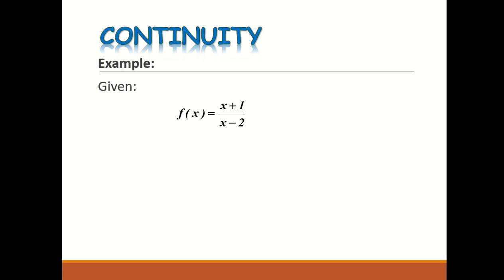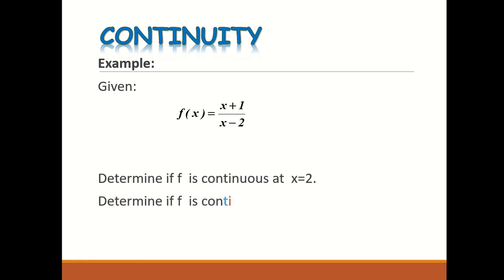If those conditions are satisfied, then your answer is continuous: f is continuous at x equal to 2, and the other one is also continuous at x equal to minus 1. Otherwise, the function is discontinuous at the given values for x. I will not solve this one. You just practice this number as well as this number.